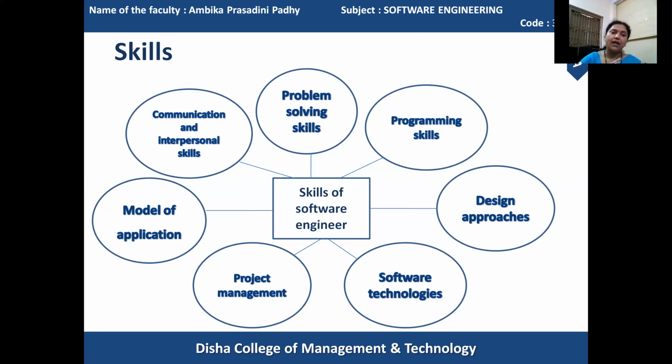Then come to the model of application. A software engineer should be able to create and use a model of the application to guide choices among the available trade-offs that will be faced by him.